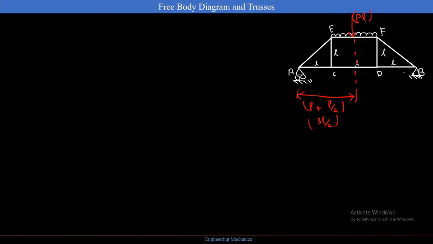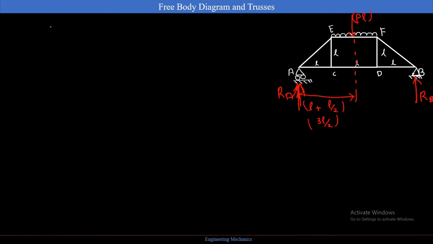Why I am doing this is, the first thing we need to find in this one is the reaction forces. Whenever you have a truss like this, the first and foremost thing that we need to do is find the reaction forces. The reaction force here is RA, and there is one reaction force here, that is RB. First we are going to find this one.